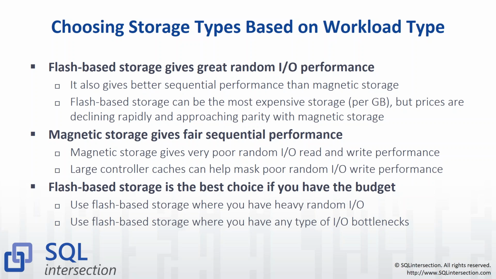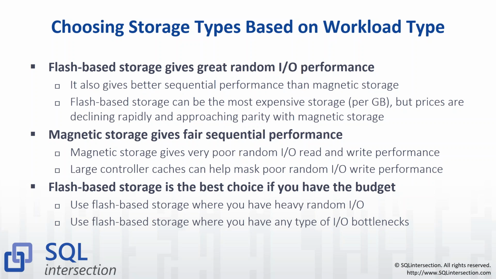Magnetic storage gives fair sequential performance, but very, very poor random I/O, especially for writes. That's why you see these big controller caches at the SAN level, the drive level, or the RAID controller level, to try to mask that. Flash doesn't have that problem to the same extent, so flash makes sense where you have heavy random I/O, or we're just seeing I/O bottlenecks of any sort.